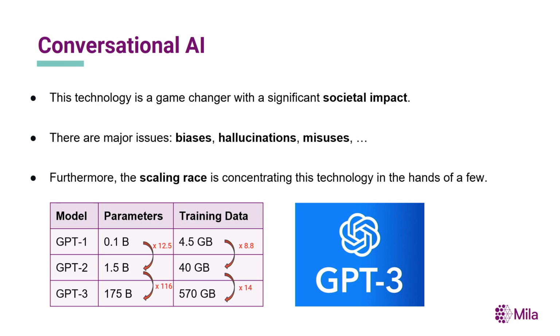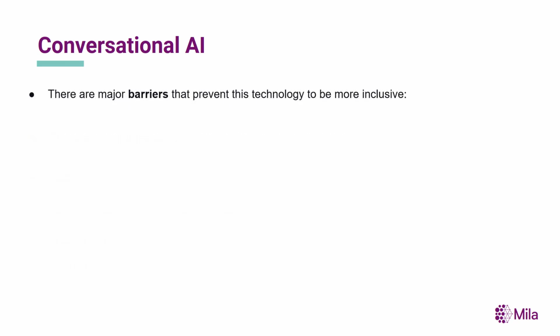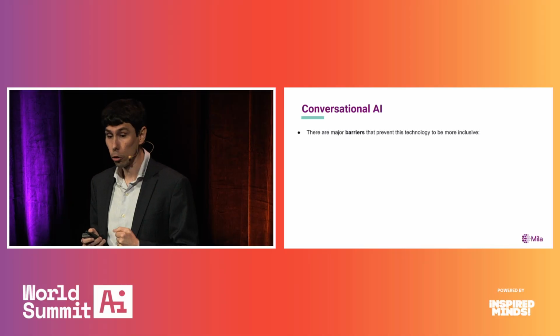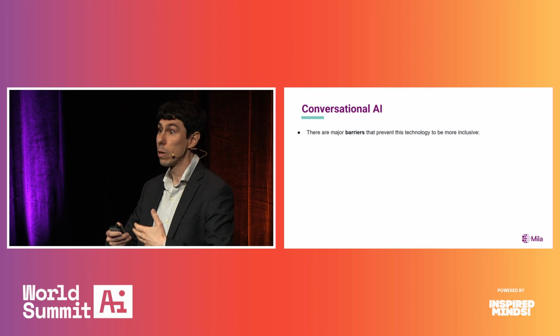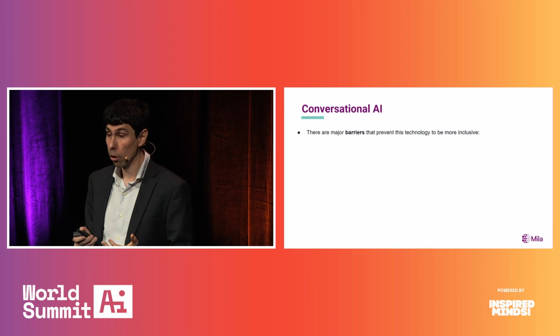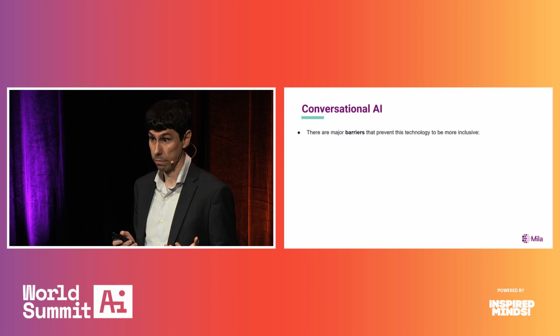This is dangerous because this trend is naturally concentrating the technology in the hands of few. And I don't want that. That's very dangerous. And one of the motivations behind our project was to make conversational AI technology in general more inclusive.